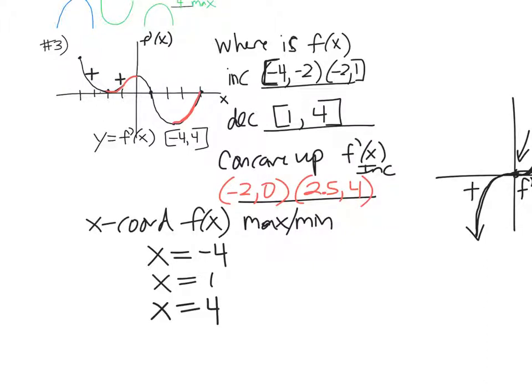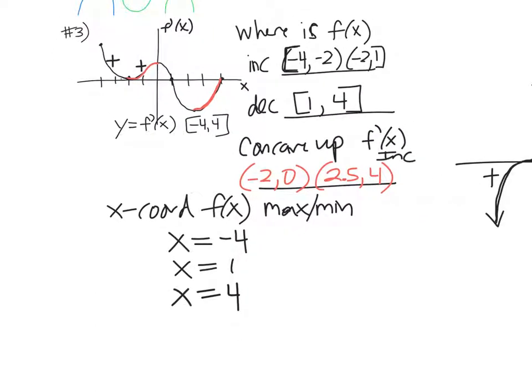All right, so -4, though, what would -4 be? Is -4 a max or a min? Minimum. It's a minimum. Okay, so let's say here's x equals -4 on our f of x. What's it doing next to -4? It's increasing.